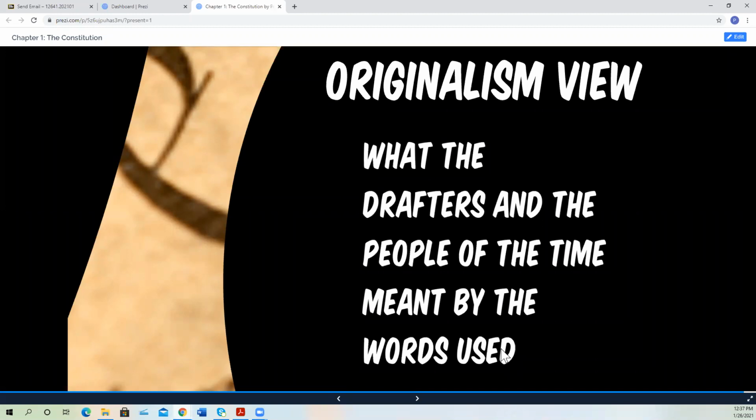What did the words that they used at the time mean at the time? We're not going to interpret it as far as what that word means today. We're going to go to the original meaning of what they meant when they used those words.